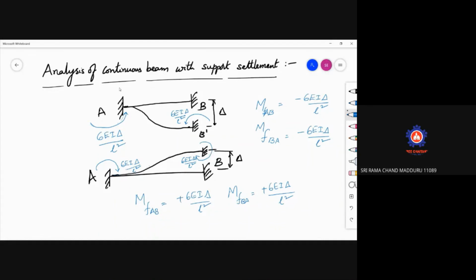So these are the moments that are to be considered while analyzing the continuous beam with support settlement. So here remember, anti-clockwise is negative, clockwise is positive.